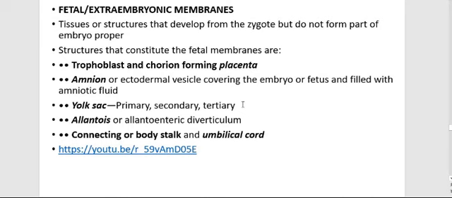The primary and secondary we saw in the 2nd week. Then the allantois, we also discussed that, the connecting stalk and the umbilical cord, in the 2nd week, and also last week. So this is just a link you can follow to remind yourselves of these fetal extraembryonic membranes. Those are the structures which develop outside the embryo.